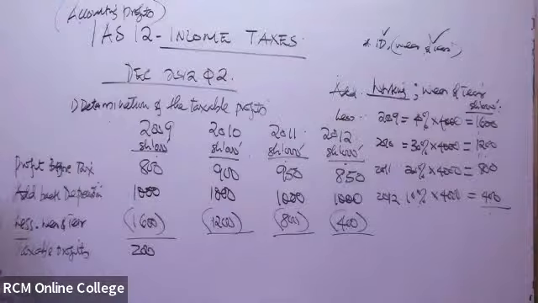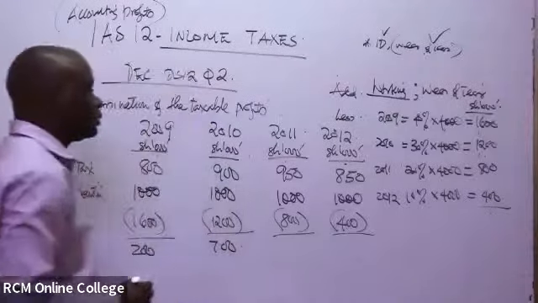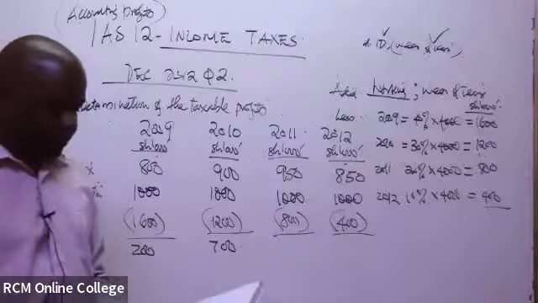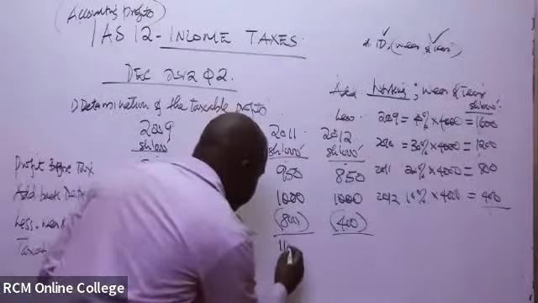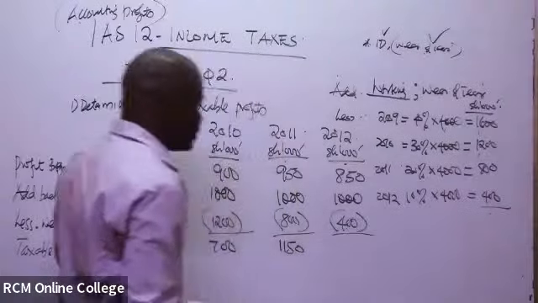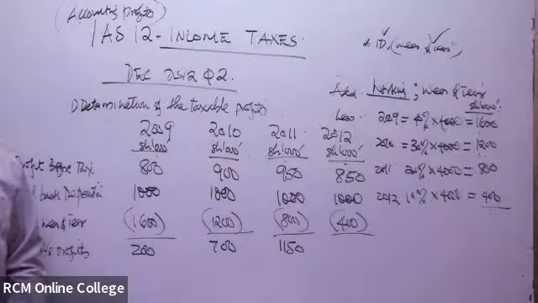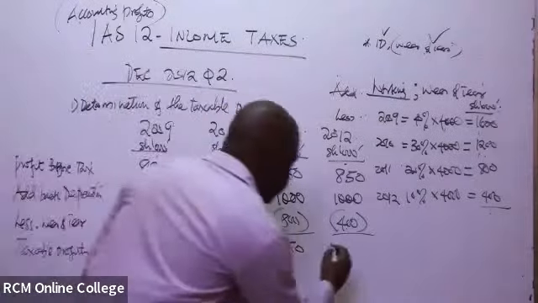The second one is how much? 700. The third one? 1150. And of course, the very last but not least, 1450.